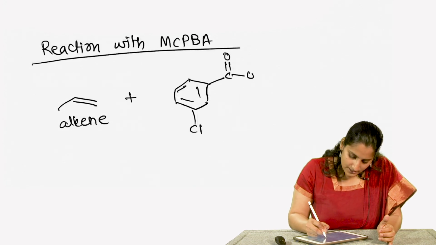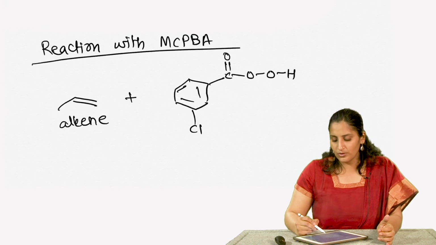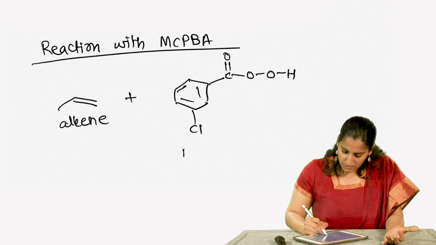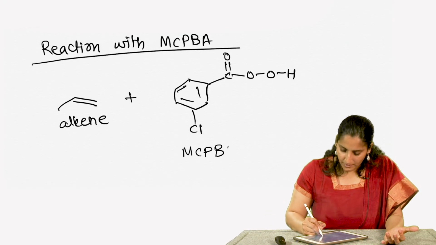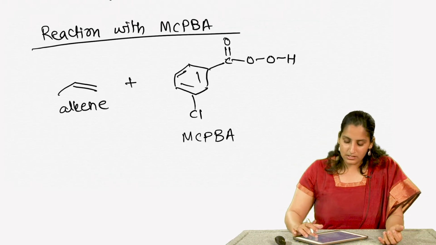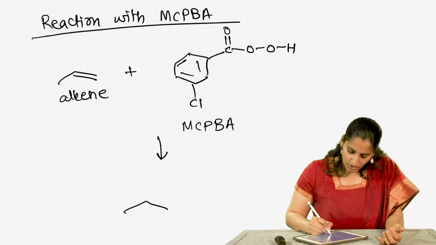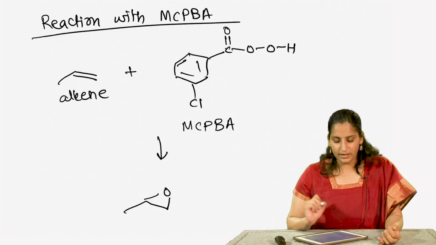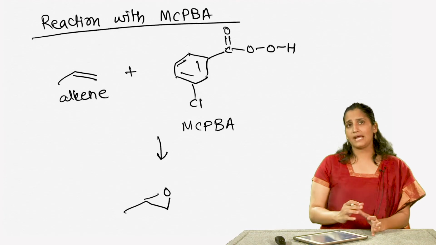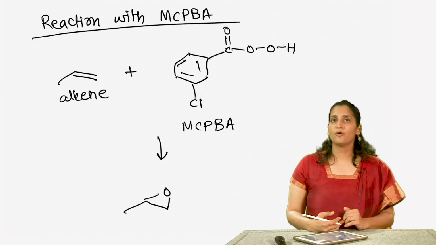Now, peracids have a functional group of C double bond O, O, O H. So, this is MCPBA or metachloroperbenzoic acid, and when it reacts with an alkene, it results in the formation of the corresponding epoxide. Now, I do not want to go over the mechanism of this one, but you can remember MCPBA as a reagent to form an epoxide.